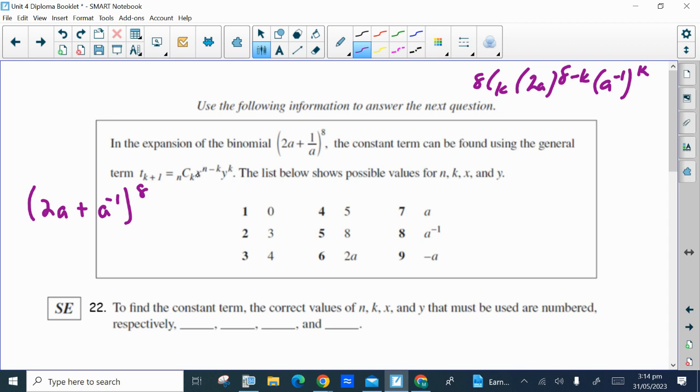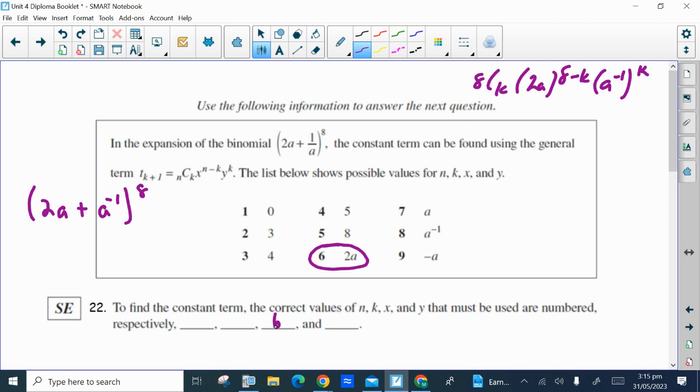The general term formula says that you have nCk, which represents the first term of the binomial. That has to be 2a. So this is what x will go with. x represents the first term of the binomial, which is 2a.